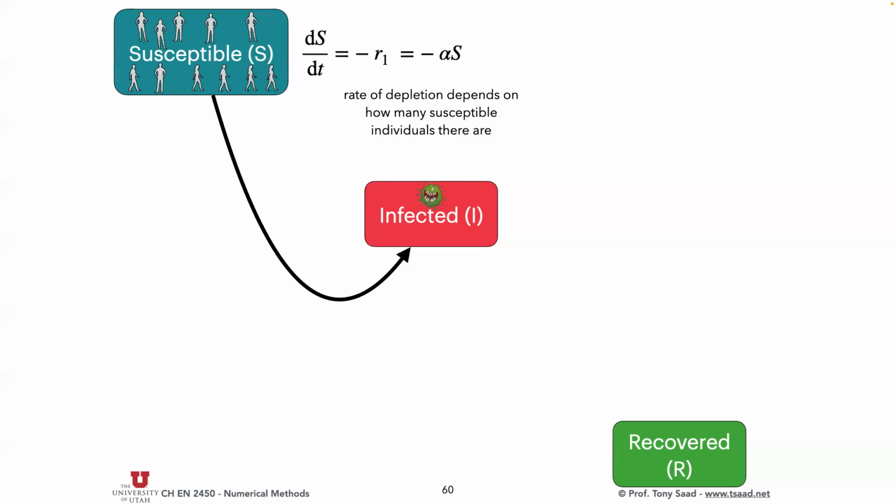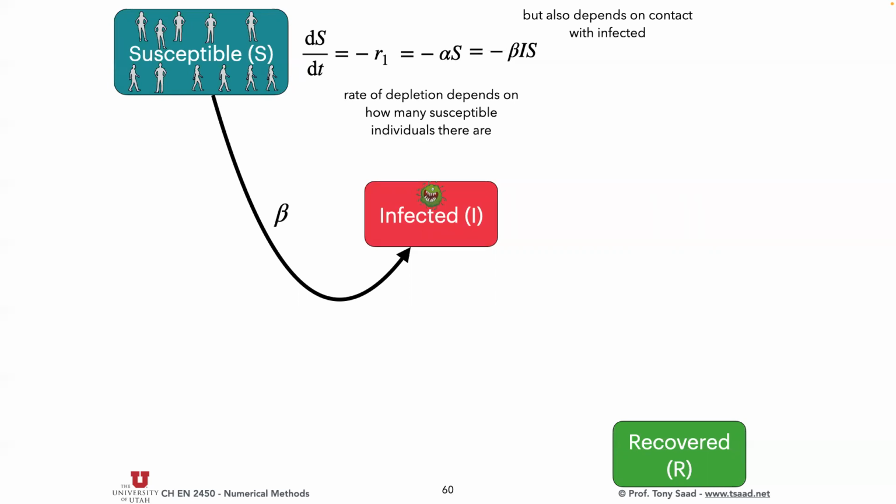But not only that, the susceptible people might get infected from breathing a virus in the air, but it's more likely that they're going to be infected if they interact with an infected person. And by interact I mean being within proximity, in the same room, in the same hall, right? So it makes sense that this rate of depletion is actually the number of infected people times the susceptible population.